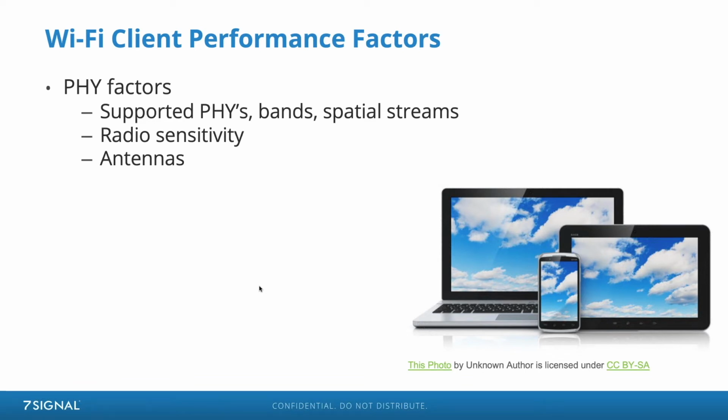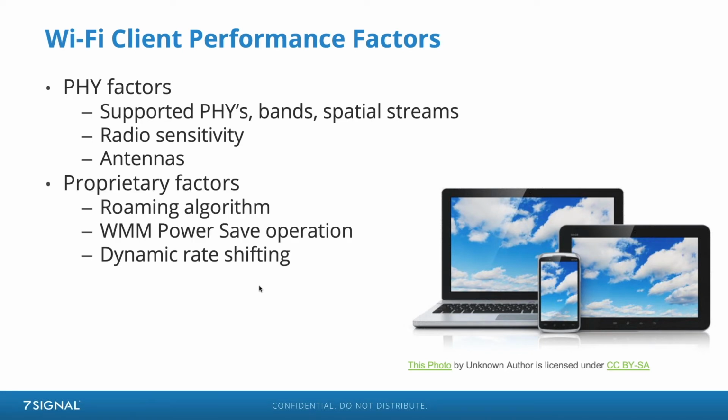There are those layer 1 PHY factors, the supported PHYs, the bands, the spatial streams, the quality of the components, the radio sensitivity, the antennas in use and their design. There's always some compromise about antenna design. Not a lot of clients have external antennas that are pointed straight up, right?